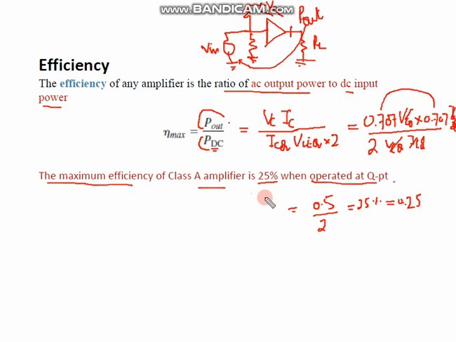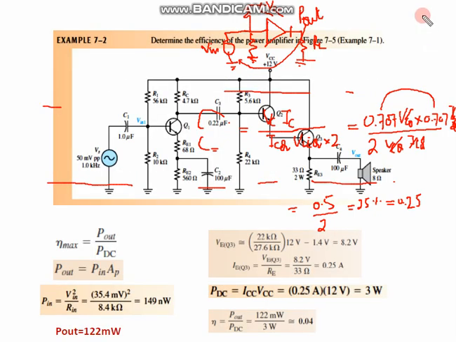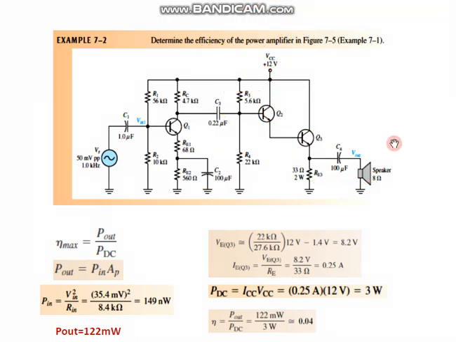Okay, now next slide please. Over here, this is example 7.2: determine the efficiency of the power amplifier in figure 7.5. This is the same circuit.